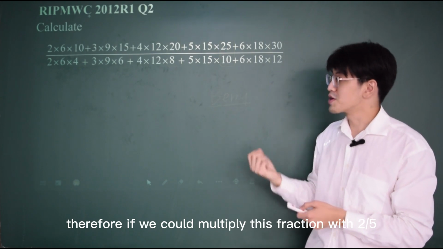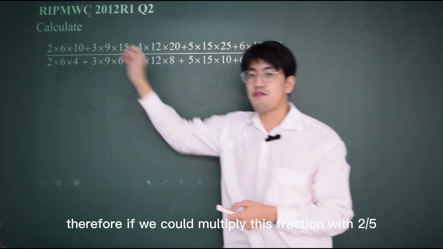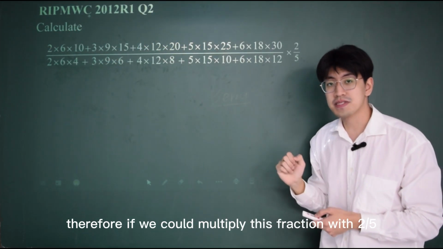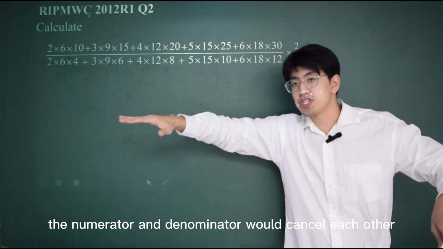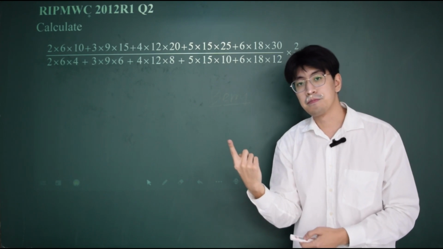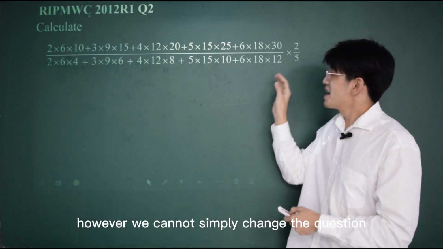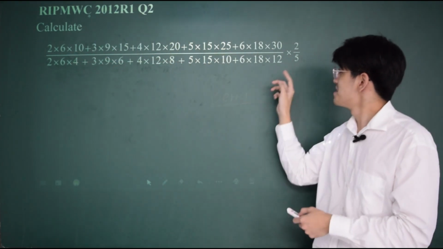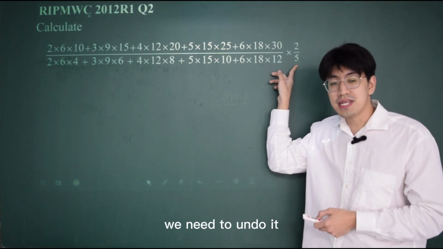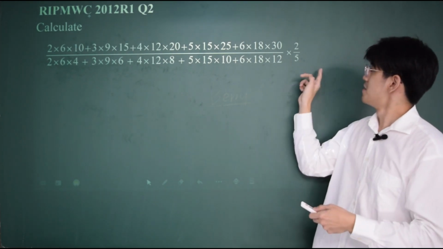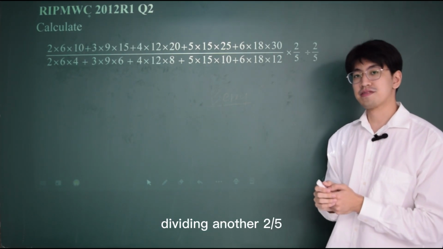Therefore, if we multiply this fraction by 2/5, the numerator and the denominator would cancel each other exactly and we get 1. However, we cannot simply change the question by multiplying by a number. We need to undo it by dividing by another 2/5.